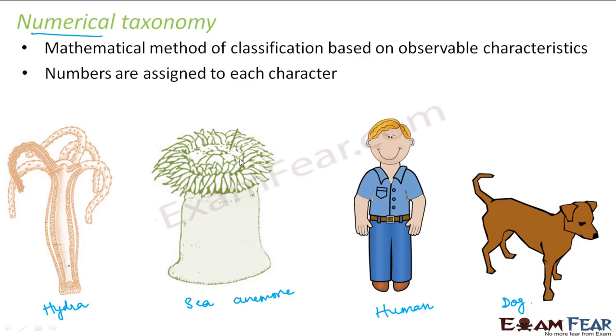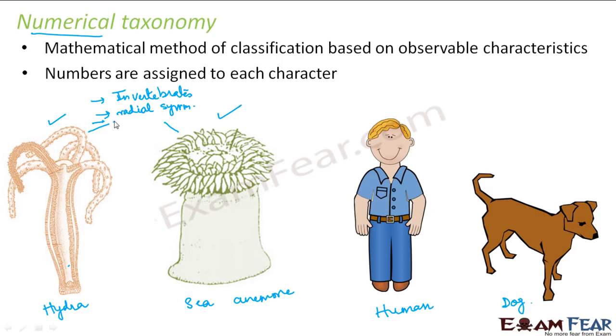So in this case, what will we see? We will see there are more similarities between a hydra and a sea anemone than between a hydra and a human being or a hydra and a dog, because both of these are invertebrates. That is one similarity between these two. Both of them have radial symmetry. So that is again another similarity.